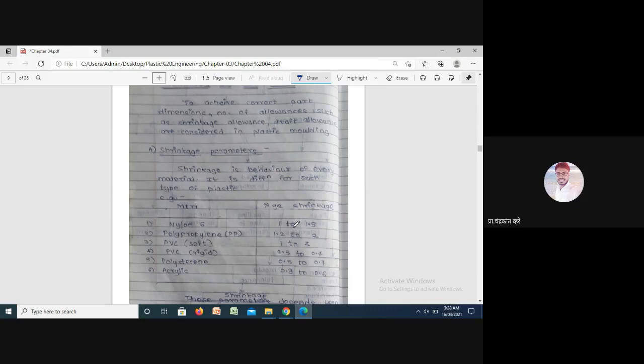For nylon 6, the shrinkage is 1 to 1.5. And PP material has 1.2 to 2% shrinkage. So you guys just remember these values.